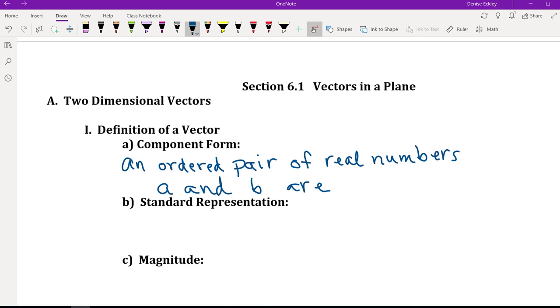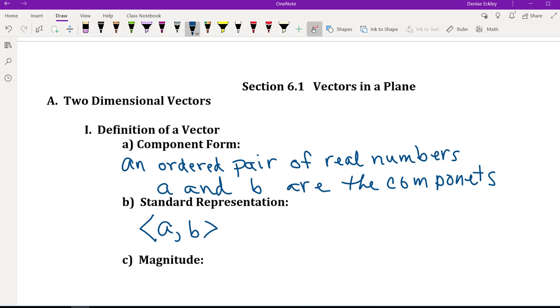Now how we can tell a vector from just a regular ordered pair is we use slightly different symbols. And those symbols are angle brackets. This is the standard representation.